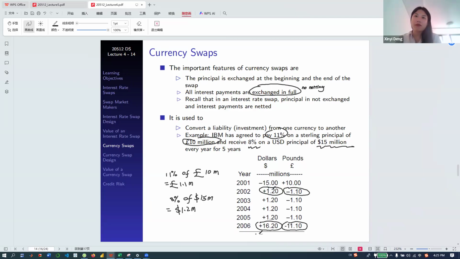So here it's just 15 plus 1.2. And also for the pounds, on the maturity date, IBM is not only paying out that interest payment of 1.1 million pounds, it's also paying back the principal in pounds as well. So that's just minus 10 and then minus 1.1.